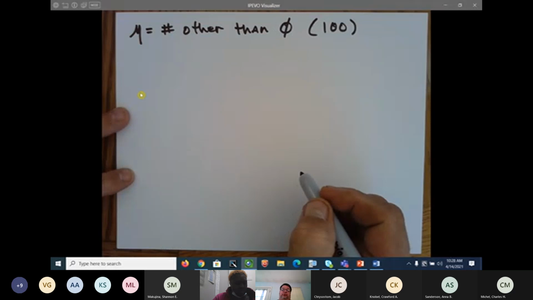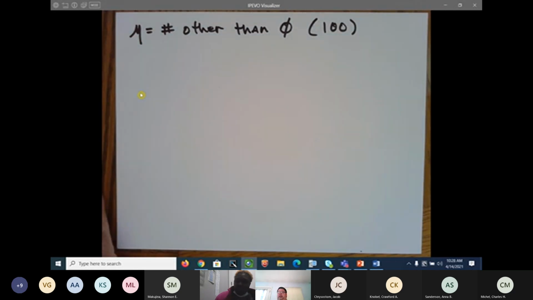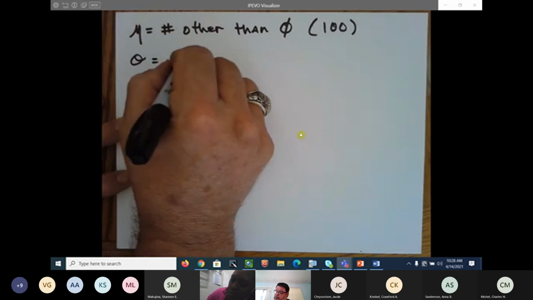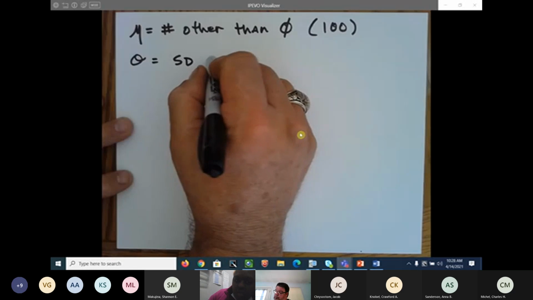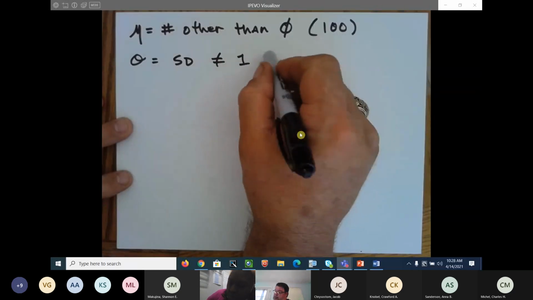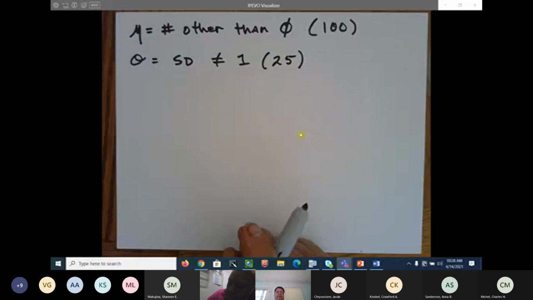I like to use 100 a lot because it's easy to add. And a standard deviation not equal to 1. I'm going to use 25 because that is easy to add.